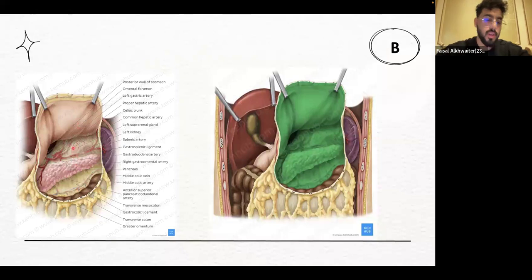When we remove the stomach, you can see there's this sac, or this place. It's called the lesser sac. This is the omental bursa. This is what they mean by omental bursa. So if you have an ulcer here in the posterior wall of the stomach, you're going to have peritonitis here in the lesser sac, the omental bursa.